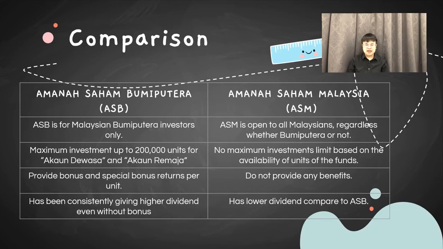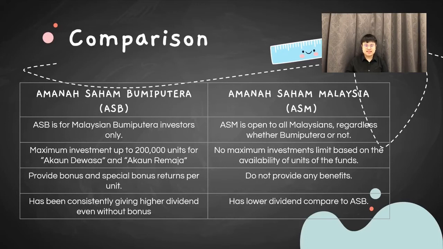Firstly, Amanah Saham Bumiputera is for Malaysian Bumiputera investors only, whereas Amanah Saham Malaysia is open to all Malaysians regardless of whether Bumiputera or not. Next, for Amanah Saham Bumiputera, maximum investment can go up to 200,000 units for account Dewasa and account Remaja.